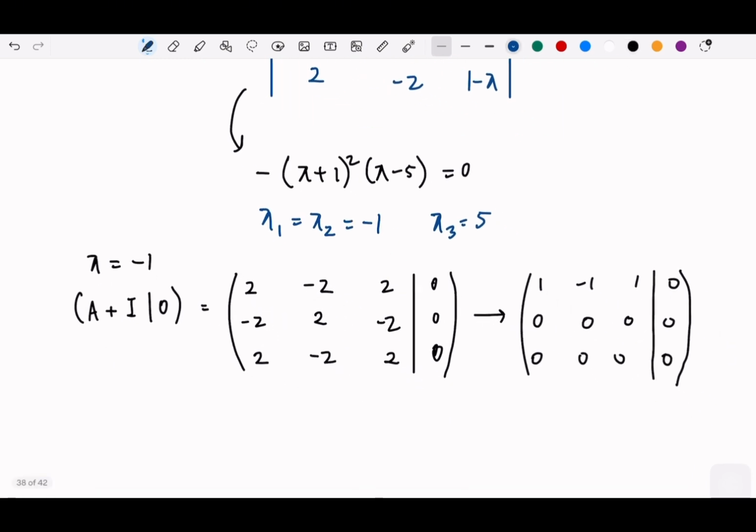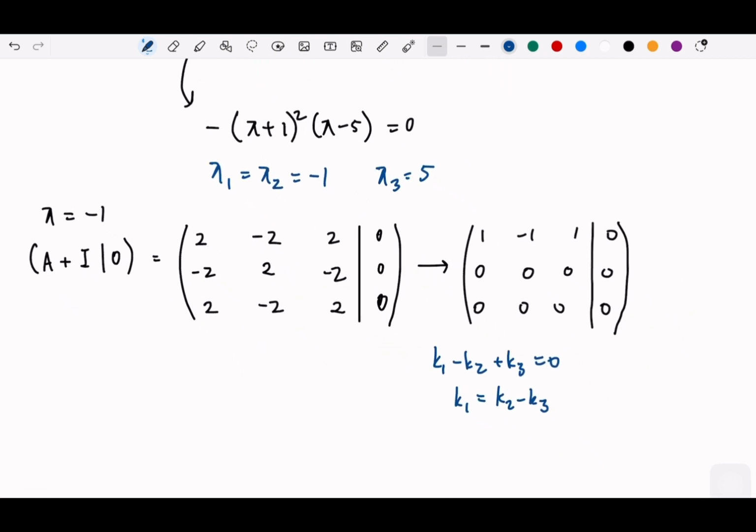Now we have k1 plus k2 plus k3 equal 0, or we can write k1 in terms of k2 and k3. So we can have some combinations here.